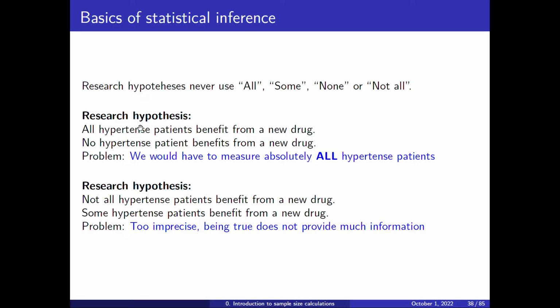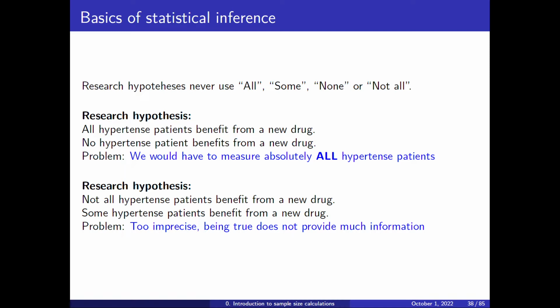The problem with this kind of statement is that I would have to measure absolutely all hypertense patients in the world, because otherwise I cannot show that all or none benefit. And here we understand the need for these false positive rates and false negative rates. If you are not willing to have any mistake of this kind at all, then you will have to measure all the patients in the world.